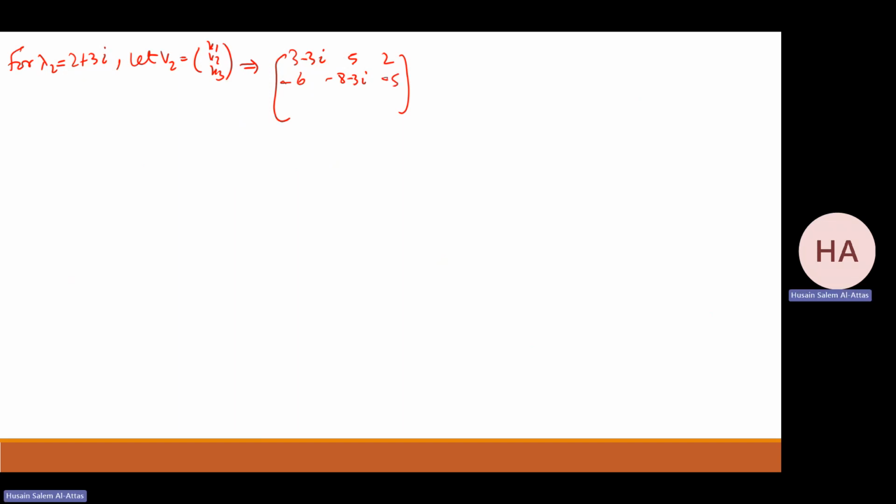And I have 6, 6, 5 minus 2, that will be 3 minus 3i. I need to solve this system. Not an easy one. How to solve this system? Complicated one.